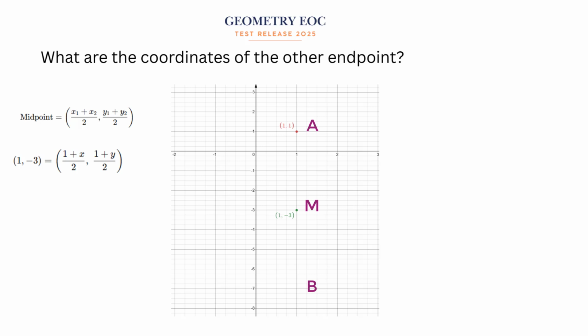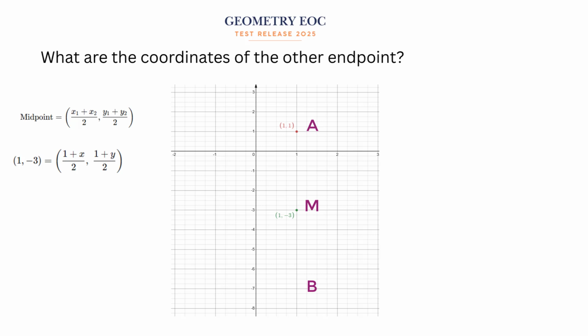So, in words, the x-coordinate of the midpoint, which is 1, comes from averaging 1 and x, and the y-coordinate of the midpoint, which is -3, comes from averaging 1 and y. This allows us to create two separate equations, one for x, one for y, and then solve to find the missing endpoint.